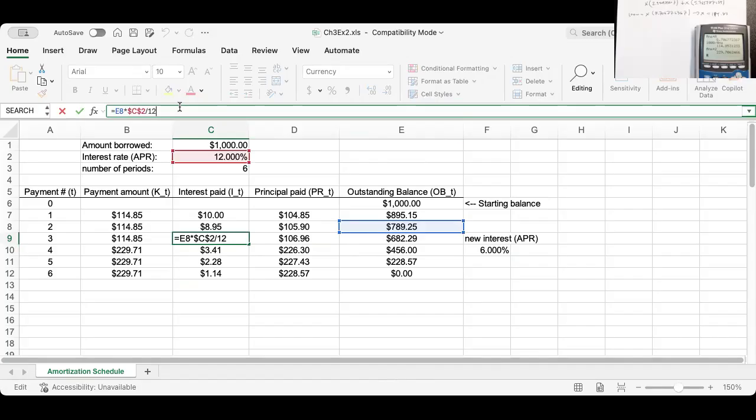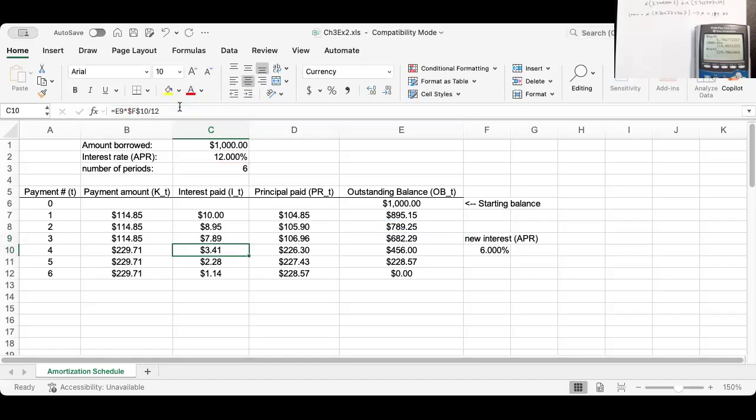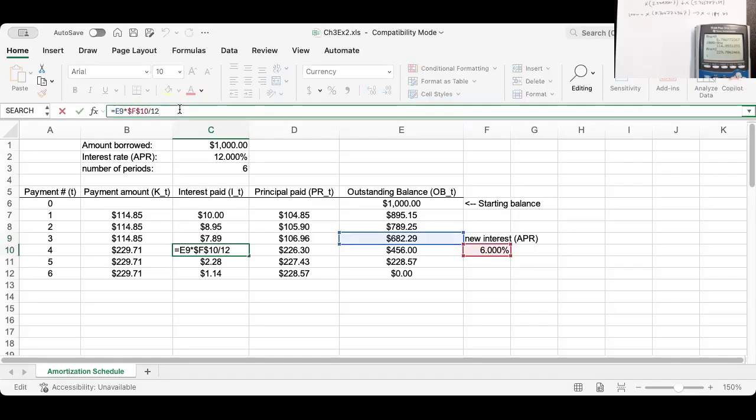See which block is highlighted. So to calculate the interest for the first set of payments, I'm using the interest rate that's at the top. To calculate the interest for the next set of payments, I'm using the interest rate that's off to the side. You can adjust the interest rate however many times you want, however often you want, depending on what the loan is entitled to.